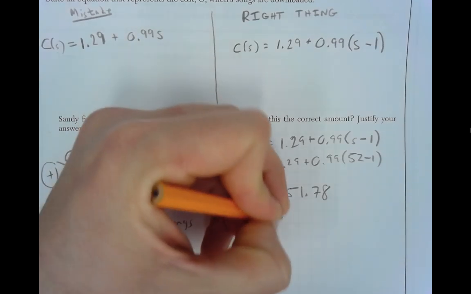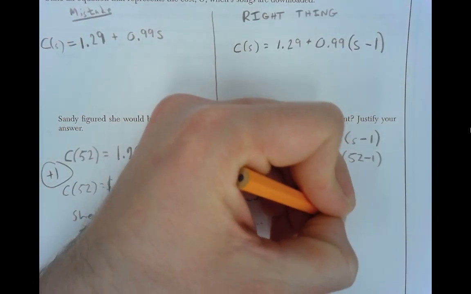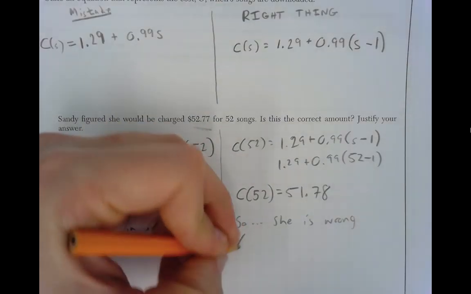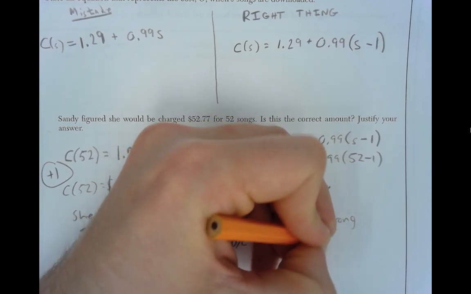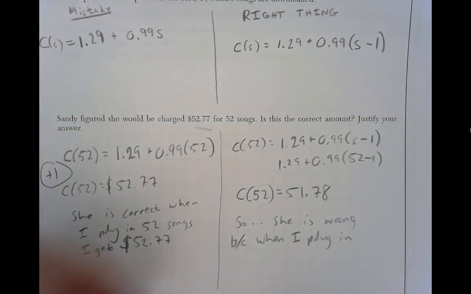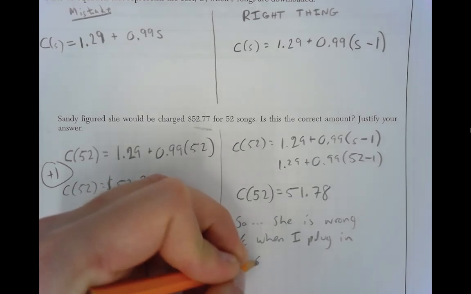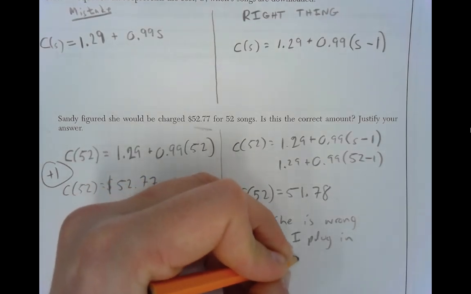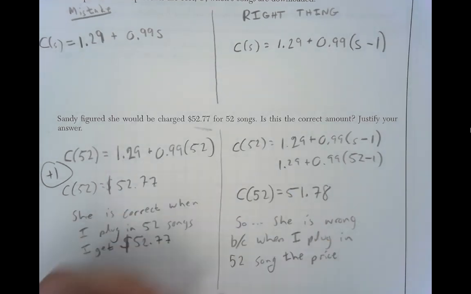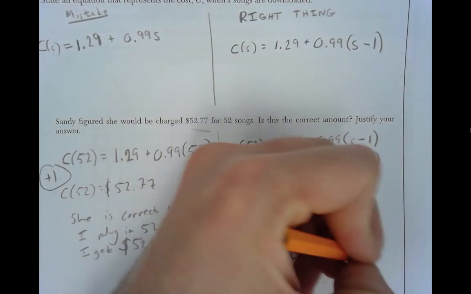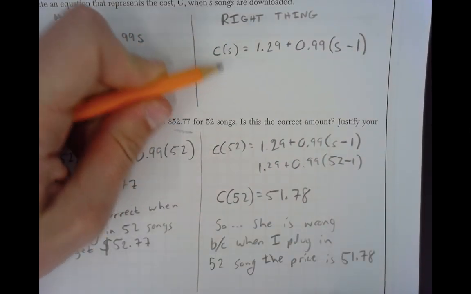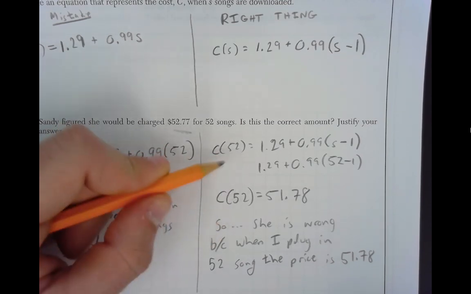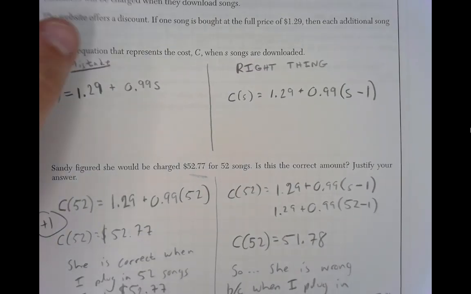So she is wrong, because when I plug in 52 songs, the price is $51.78. Now we have the right function definition, and plugging it in and explaining why Sandy is wrong. So that is this question.